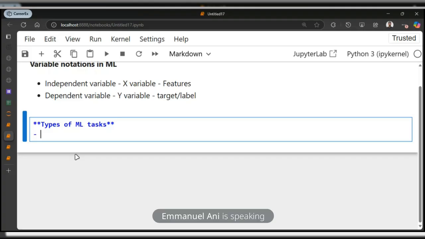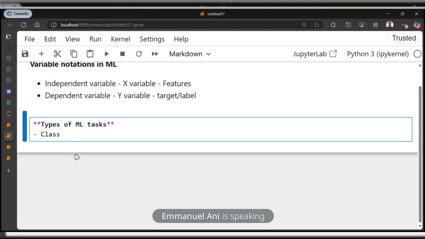All right, thank you. So we have classification task. Remember that ML task is different from the type of machine learning. We have types of machine learning and we have types of machine learning tasks. Those are two different things. When we talk of types of machine learning, we're talking about supervised, unsupervised, and reinforcement.